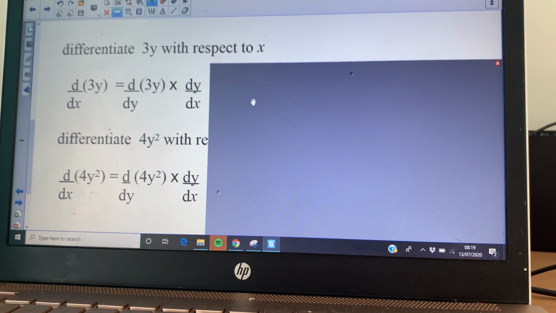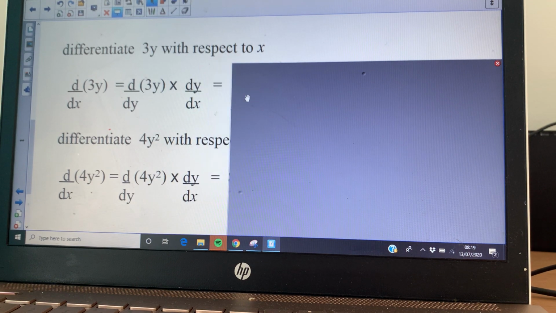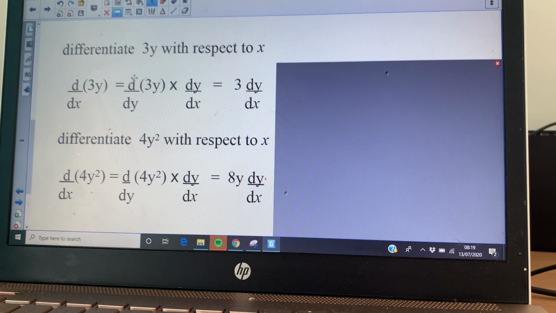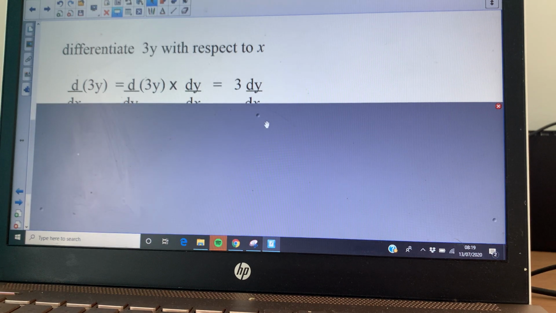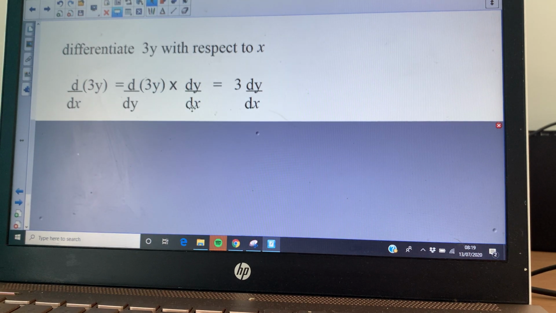And then I multiply by dy/dx. If I differentiate 3y with respect to y, I get 3. Multiply by dy/dx to get this overall effect of cancelling, and I've ended up with 3 dy/dx.